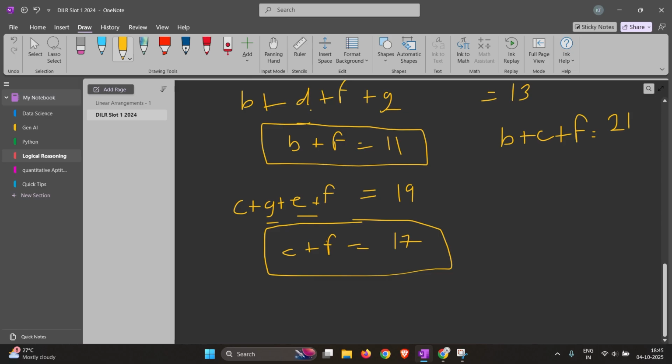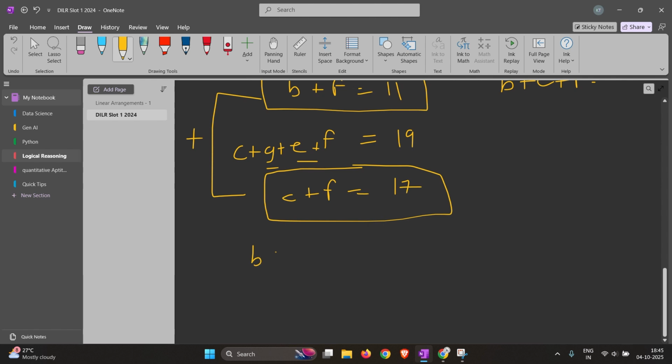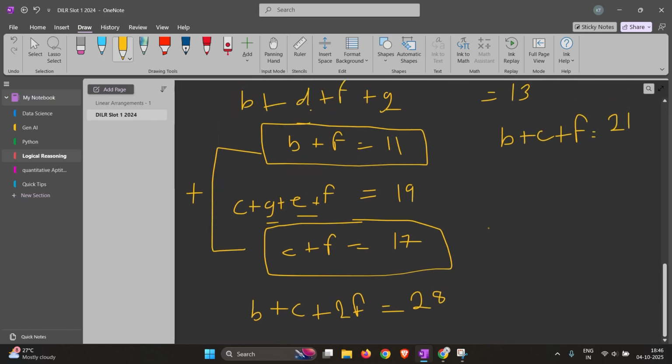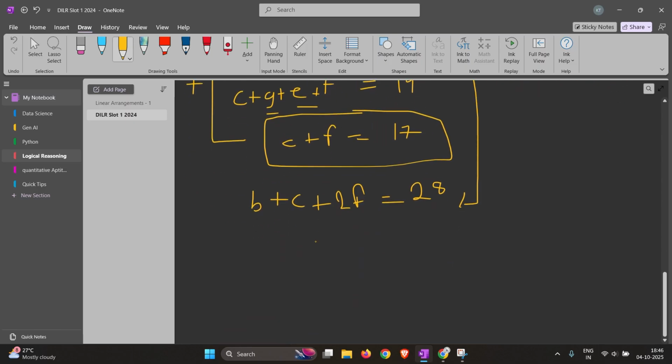And we have these two equations over here as well. So let's just add those two equations. What we'll get is B plus C plus 2F equals 28. Now let's take this equation down over here: B plus C plus F equals 21.